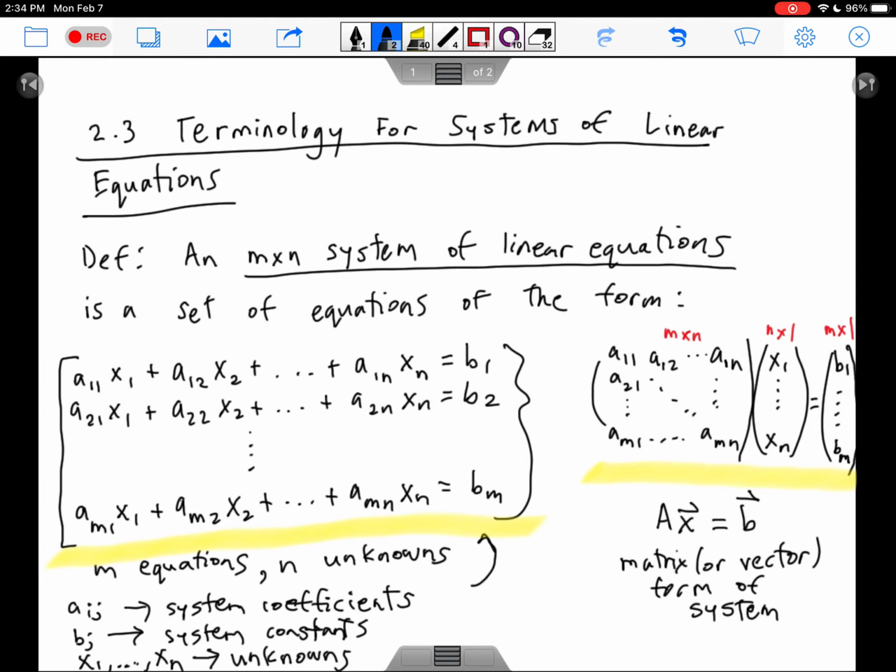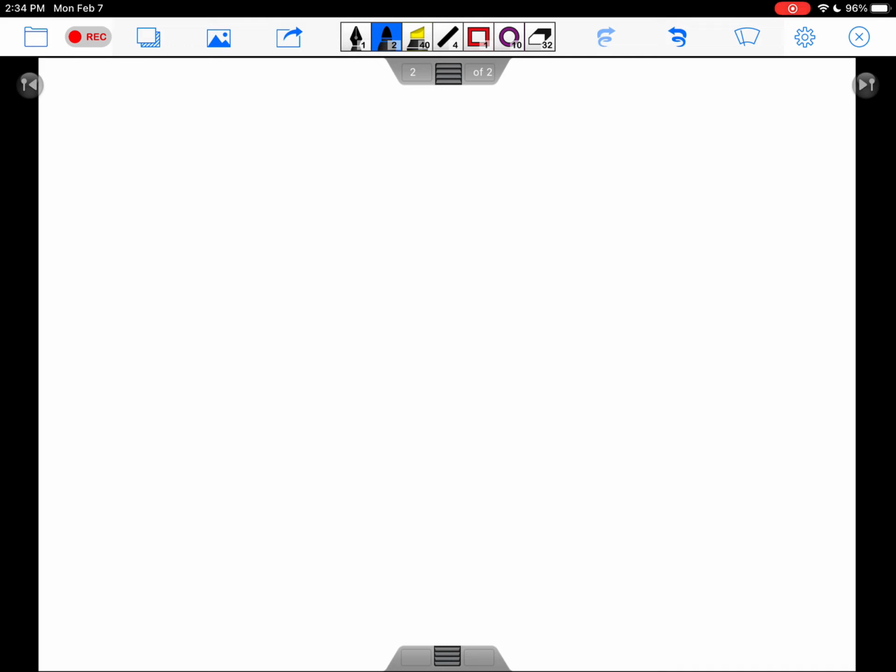So what does it mean to have a solution to the system of equations? So let's write down what the solution means. A solution to the system is a set of scalars. Remember, scalars are real numbers.